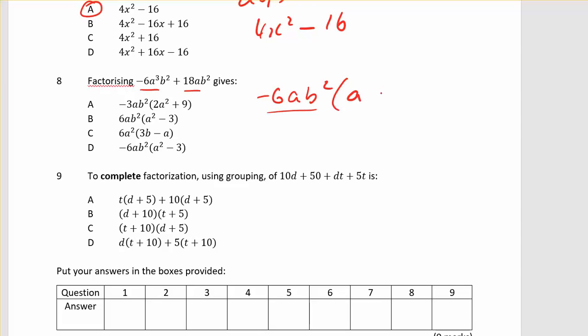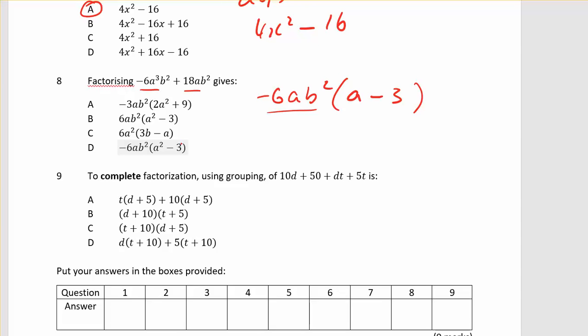For the second one, we've got a positive 18ab squared. How do I get back to that? I need to multiply it by a negative 3. We've already got the a, we've already got the b squared, so that's it. So that should be your answer, negative a squared. Let's check the given answers.